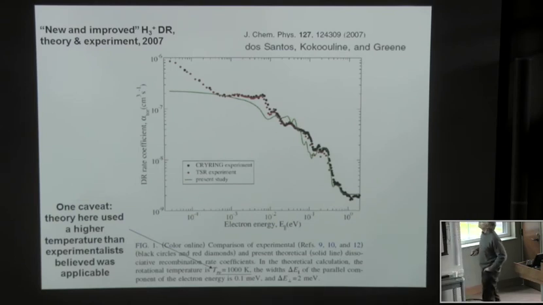This was our comparison in 2007 with Samantha Fonseca dos Santos's calculations with Slava, looking reasonably good, although still with some regions of discrepancy, and at this time we had to use a much higher temperature than the experimentalists thought was relevant.